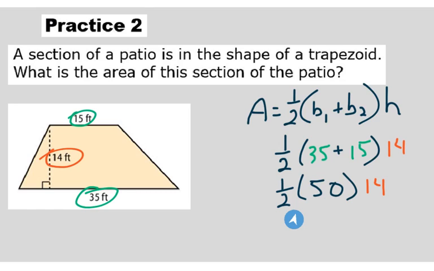You could find half of 14 and then multiply by 50. Or you can multiply 50 times 14 and then find half of all that. Again, associative property of multiplication says you can do that in any order. I'm just going to go from left to right here, and I'm going to say half of 50. And half of 50 is 25. And now I need to multiply 25 times my height of 14.